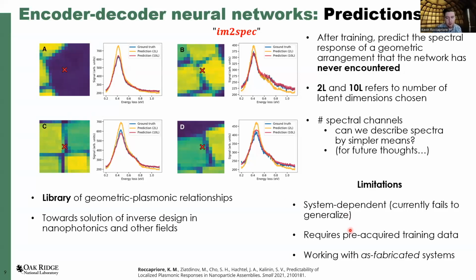Again, this requires some pre-acquired training data. And as mentioned, if we want to do this in reverse, we need the capability to design these particles in a geometry of our choosing. We're not doing that in this case. We're working with what I'm calling fabricated systems.